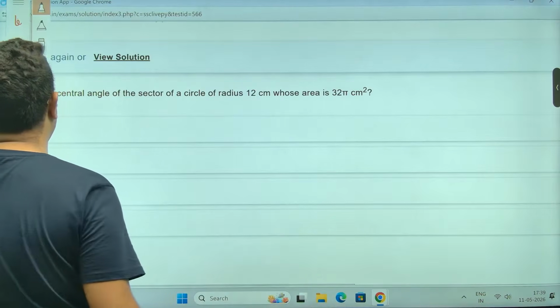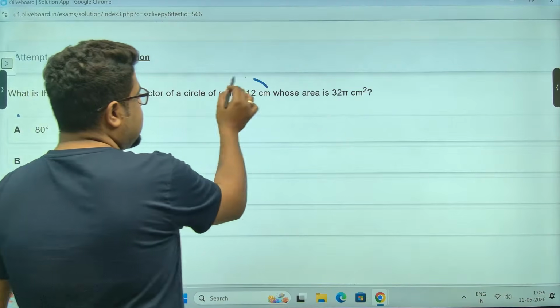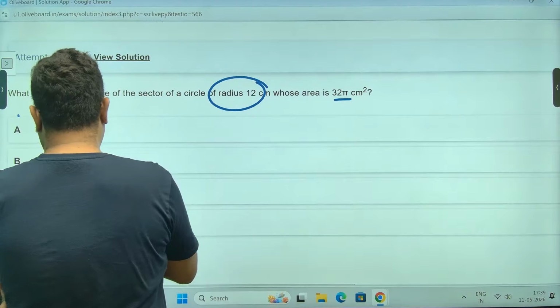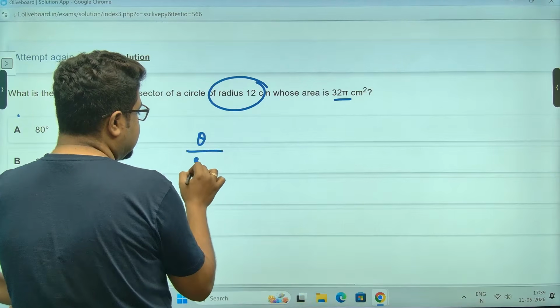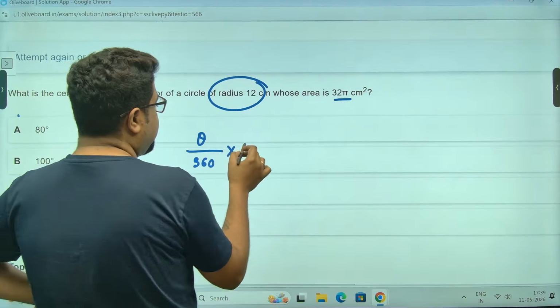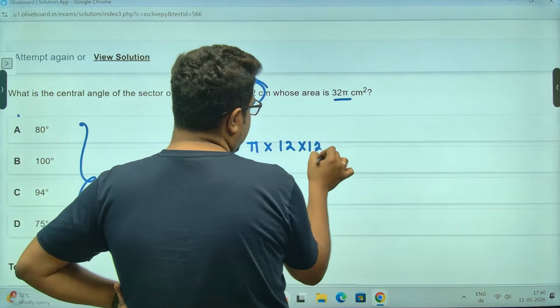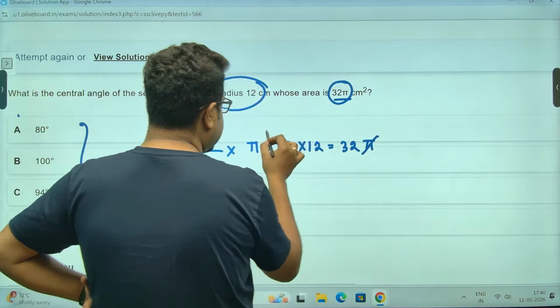Next one, please. What is the central angle of the sector? Radius 12, area is this. The values are given in degrees, so I'll use the degree formula: theta by 360 into pi r square. Don't put the pi value because the area also contains pi, so pi will cancel.